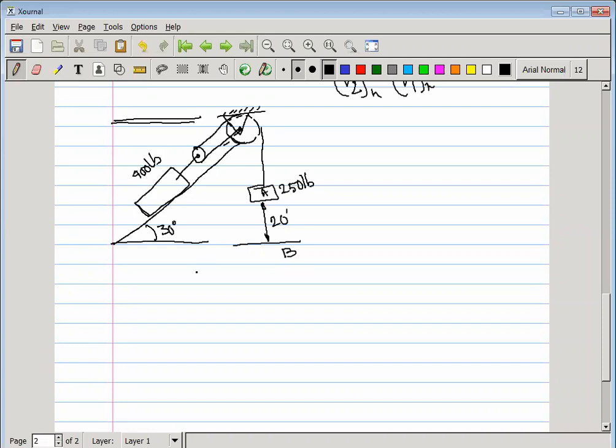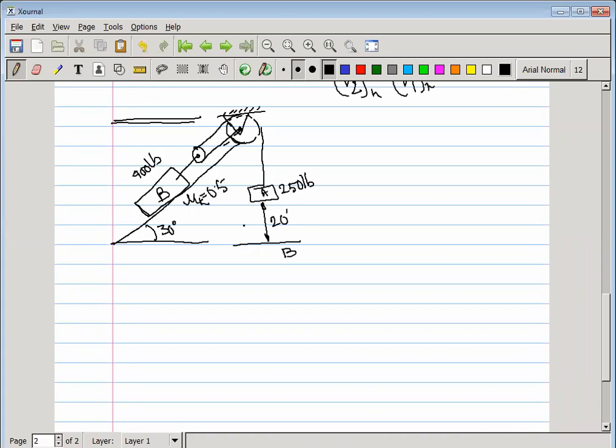So this is your B, and mu k is 0.5, with this angle 30 degrees. The given thing is a 250 pound concrete block, that is A, released from rest as shown in this figure, and it pulls another 400 pound block, or we can say log, up a 30-degree inclination.